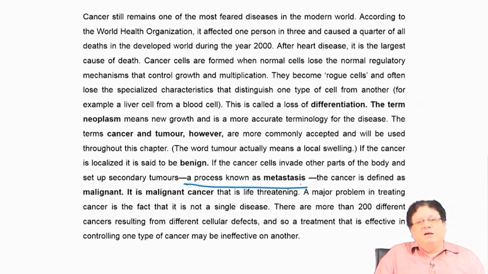But in cancer, there is a growth somewhere, and that growth is so uncontrollable that it finally migrates from one place through the bloodstream to any other organ or tissue. So, that is the major problem, and that is what is called malignancy.